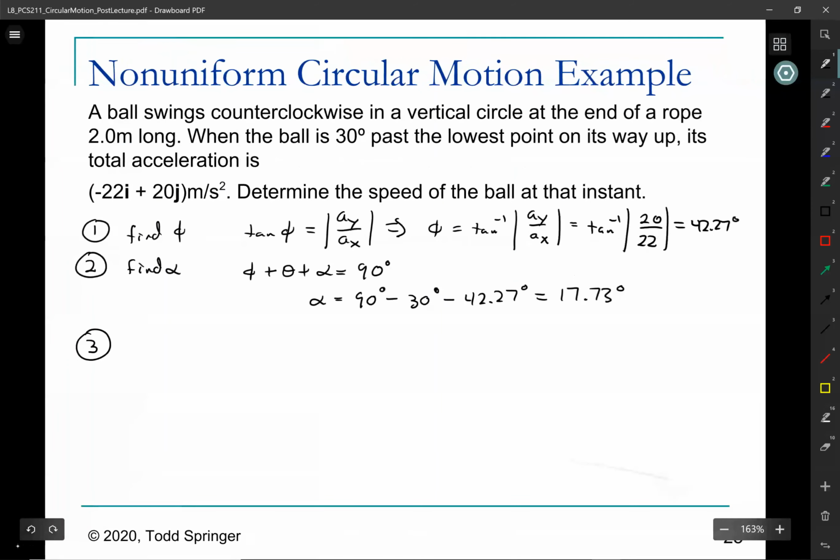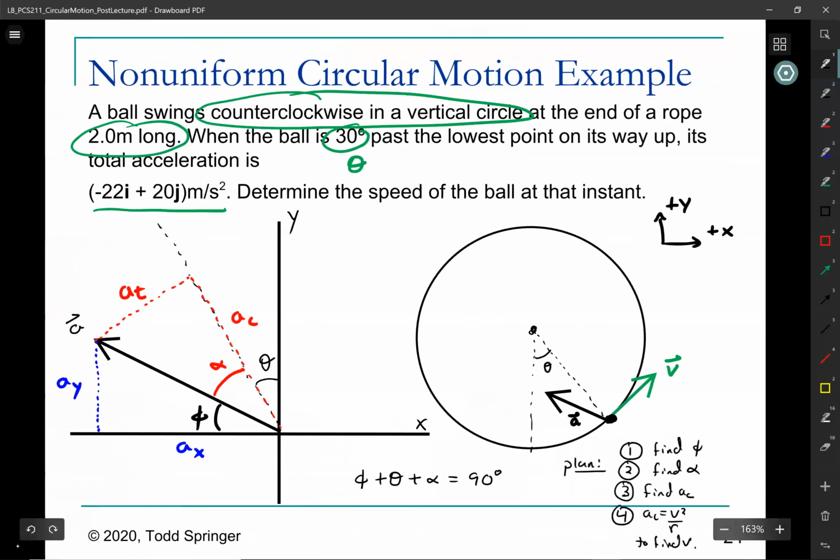Next step. Find the centripetal acceleration. That I can do by looking at this red right triangle.